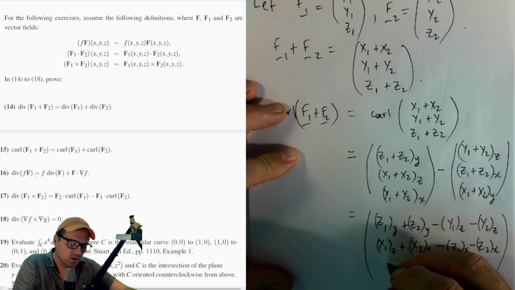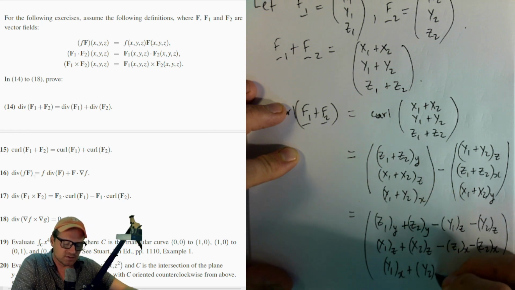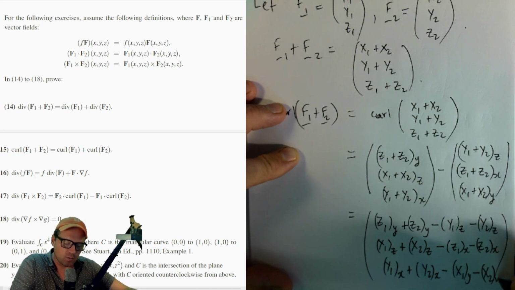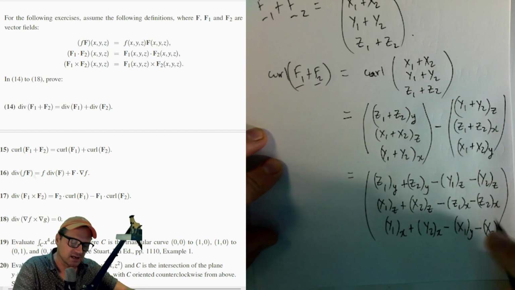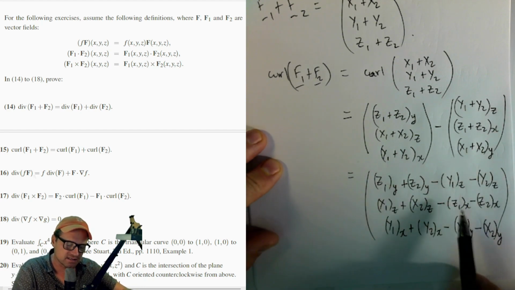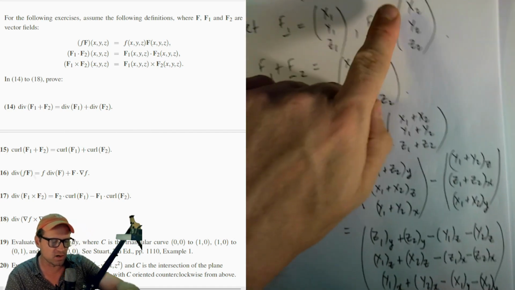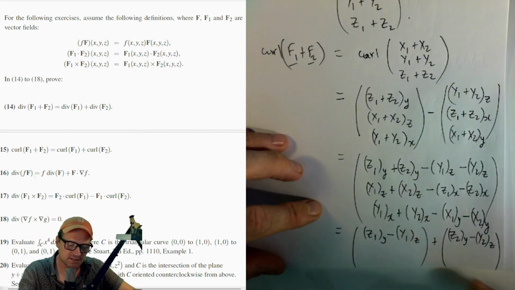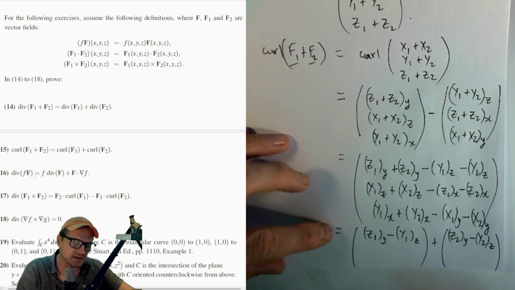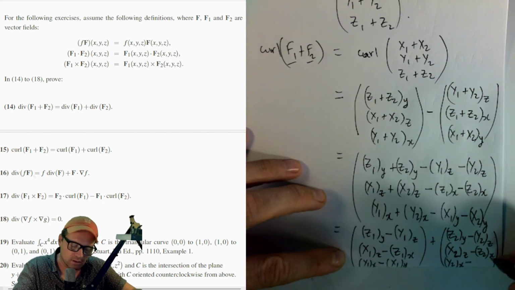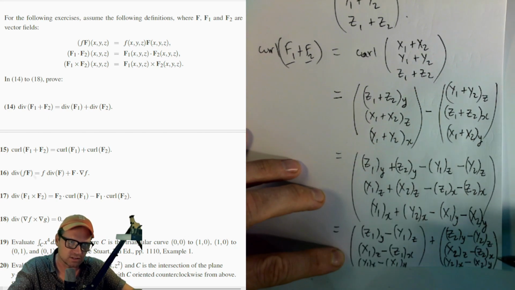Then in the third row, y1 subscript x plus y2 subscript x minus x1 subscript y minus x2 subscript y. Okay, so let's separate this, because we want to show that that part of it is curl F1. So here's our top row separated, second row separated, and the third row separated, just like that.